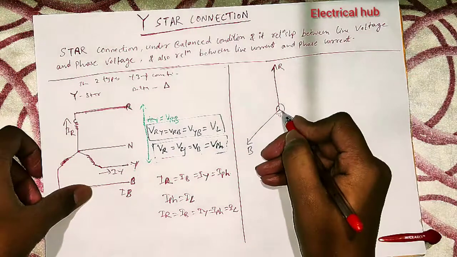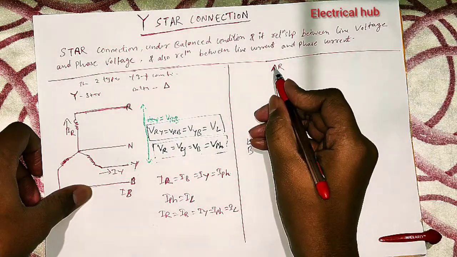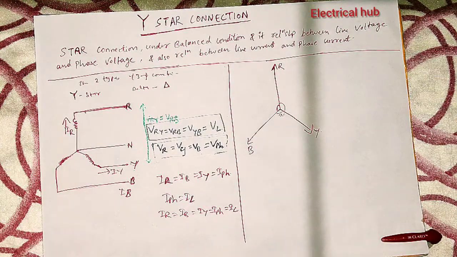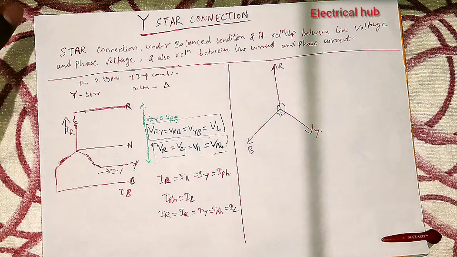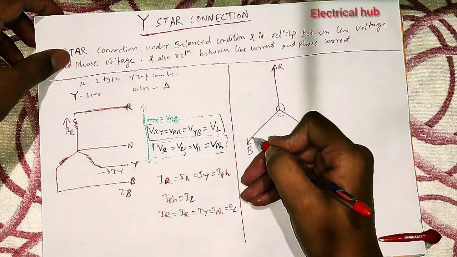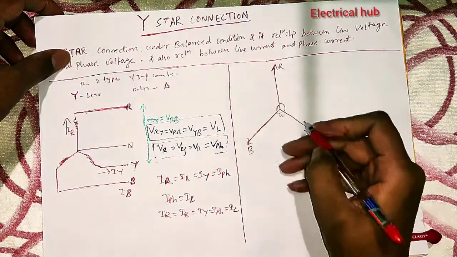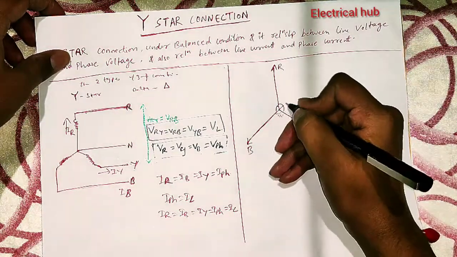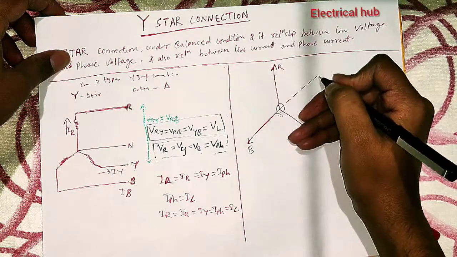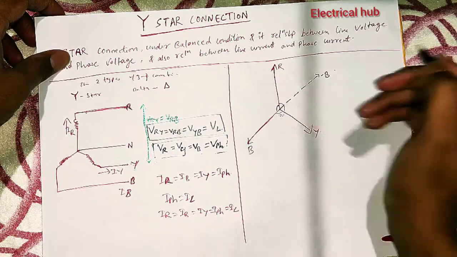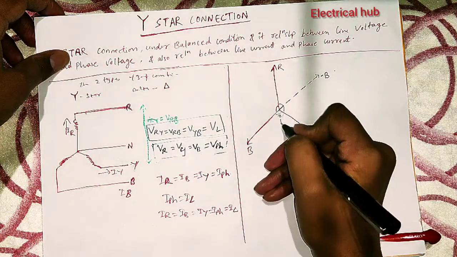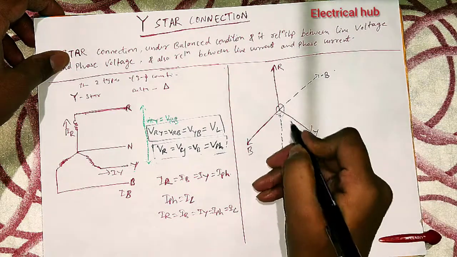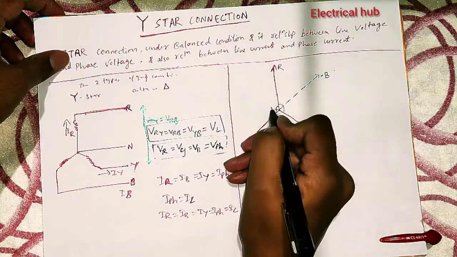So here will be the R wire at the top, then the Y wire at the bottom, and then here will be B. This will be the RYB phasor diagram, and here we will draw the negative sign of the live wire, which means B, there will be the negative sign like this. This will be minus B, and then the negative sign of the R live wire will be minus R, and the negative sign of the Y live wire will be minus Y.